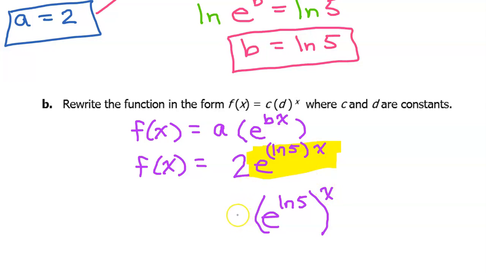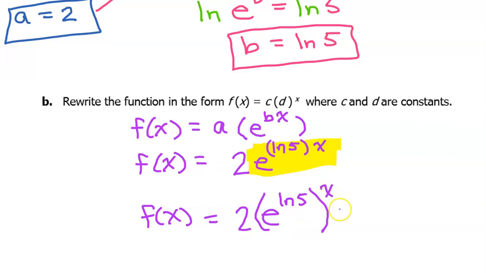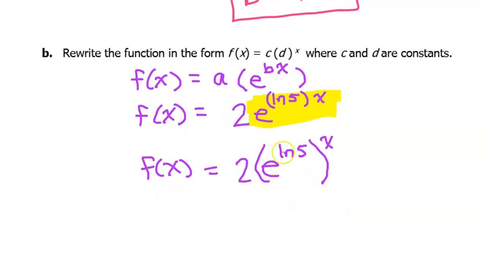And then now I'm going to bring that 2 back down. So I have f(x) is equal to 2 times e to the natural log 5, all raised to the x power. But here we have that situation again where we have base e and then we have natural log. These will cancel each other out.